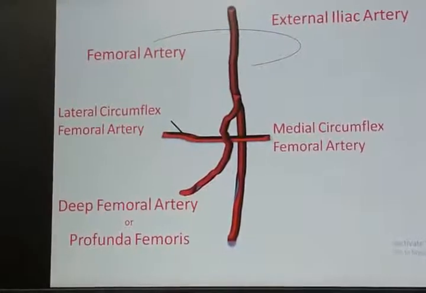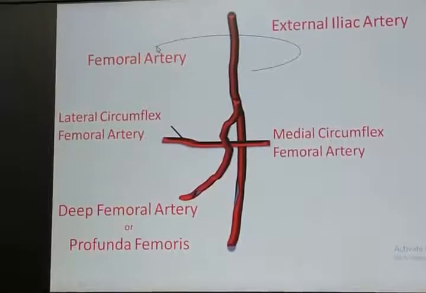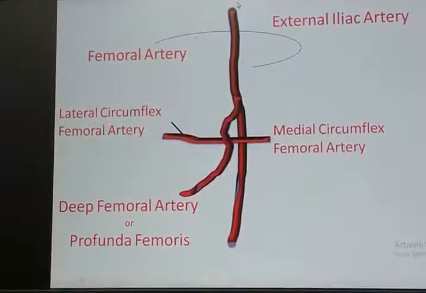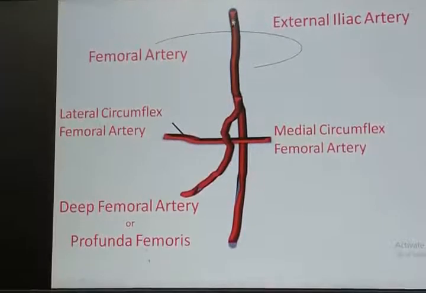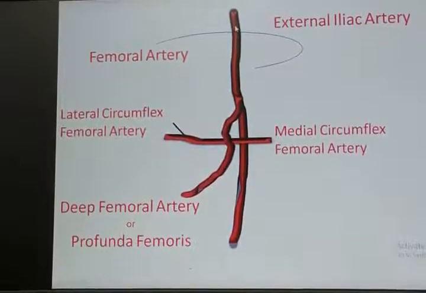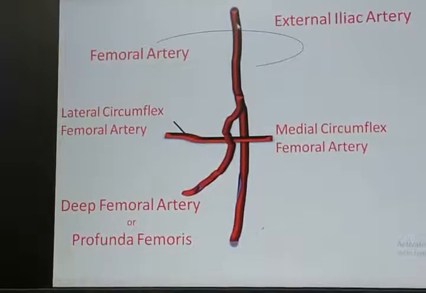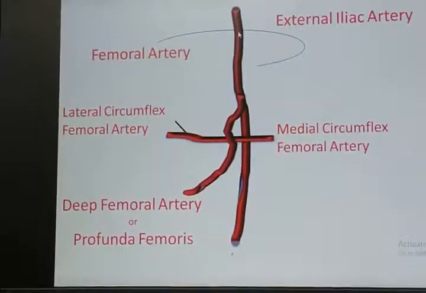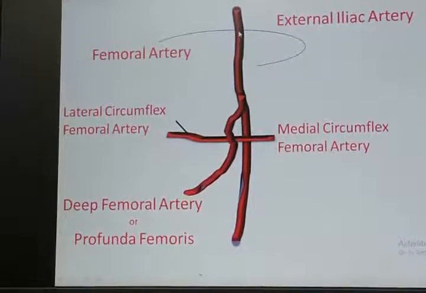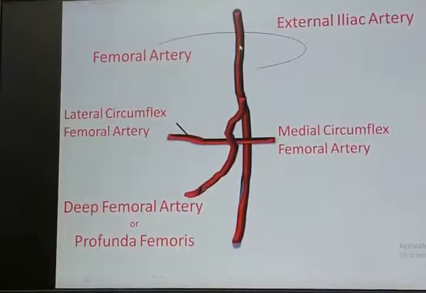So if you imagine the inguinal ligament, and on this side you will be getting the anterior superior iliac spine, this particular artery is passing midway between these 2 points, and it is coming behind the inguinal ligament. And above that it is the external iliac artery, and when the external iliac artery crosses the inguinal ligament the name is changed and it becomes the femoral artery.